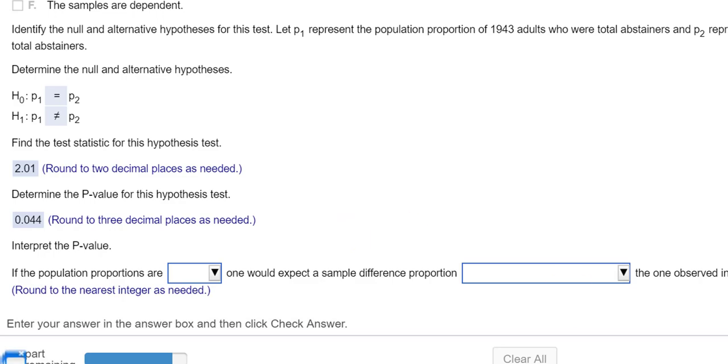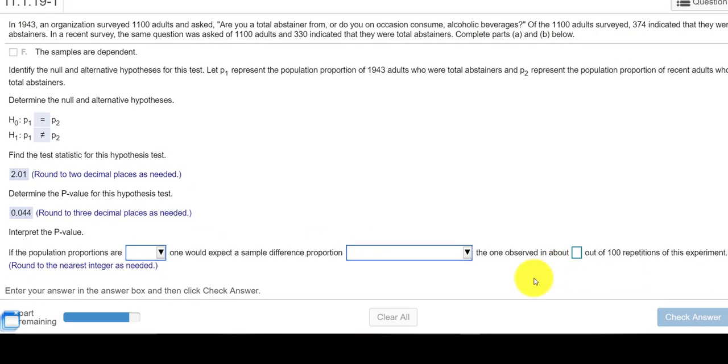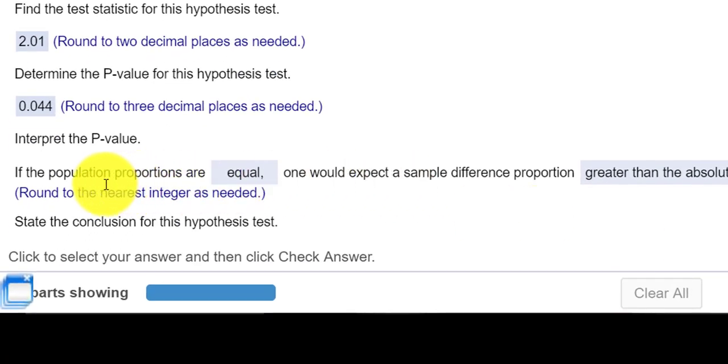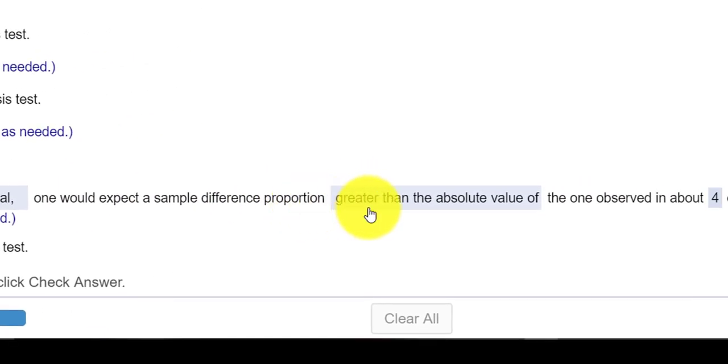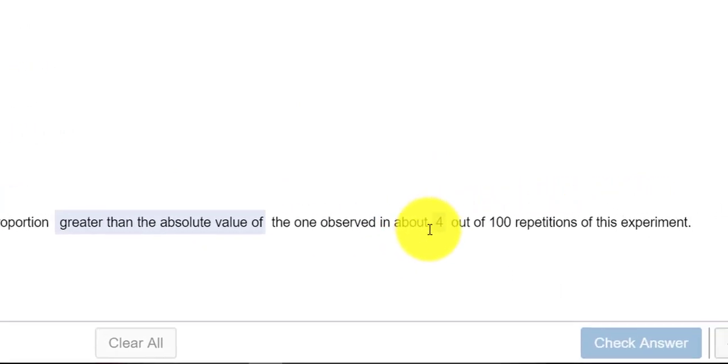And then the last piece here. So I put in, if the population proportions are equal, one would expect the sample difference in proportions greater than the absolute value of the one observed in about 4 out of 100 repetitions of this experiment. Now, why did I say 4?